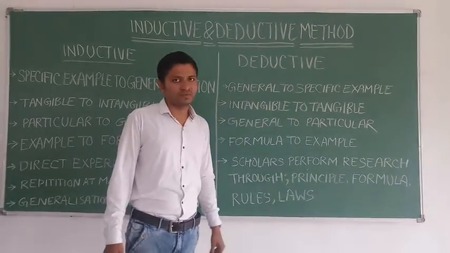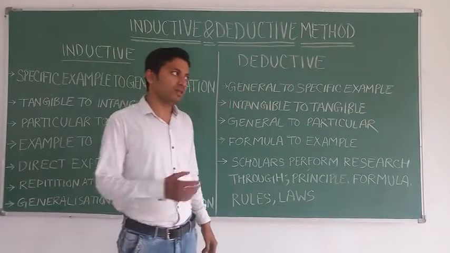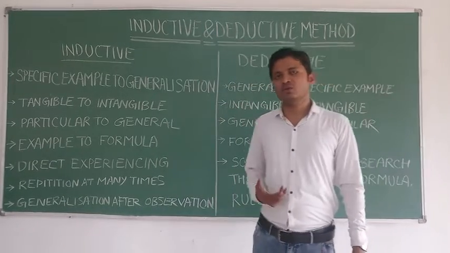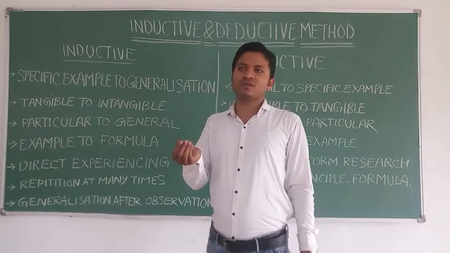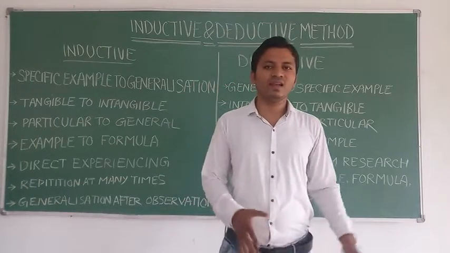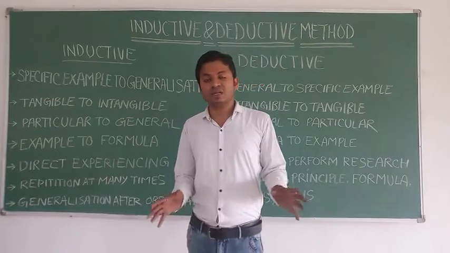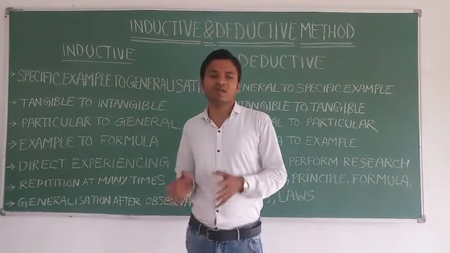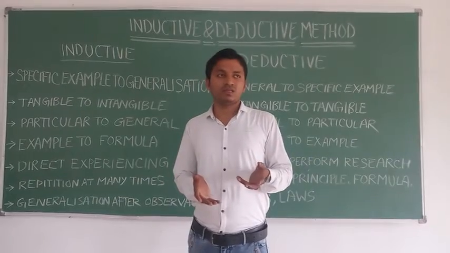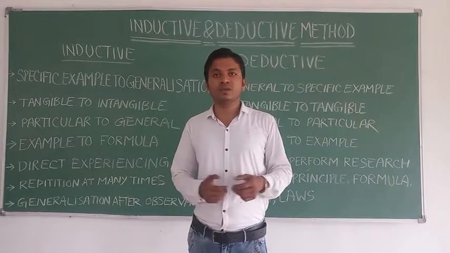Remember, a scholar starts with some theories, some rules, some formulas related to the particular society which he is studying, the particular research area and the particular topic concerned with his research scenario.